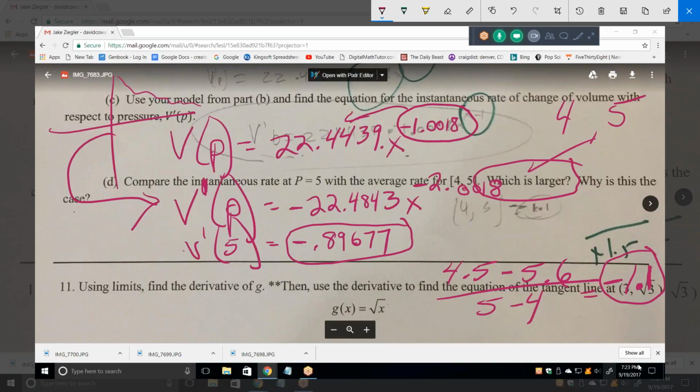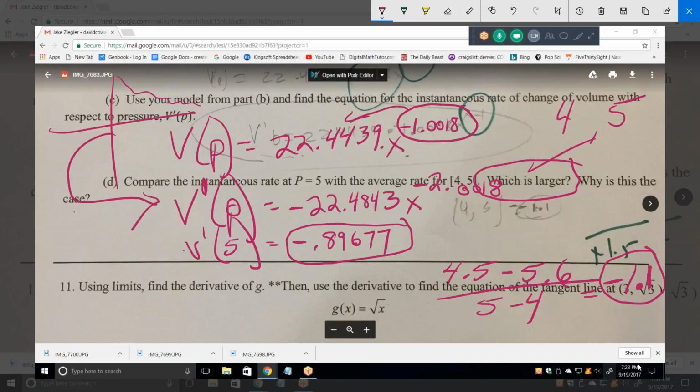Why is this the case? I hate this question even worse. I don't know how to explain that. I'm not sure that anybody knows how to explain that.